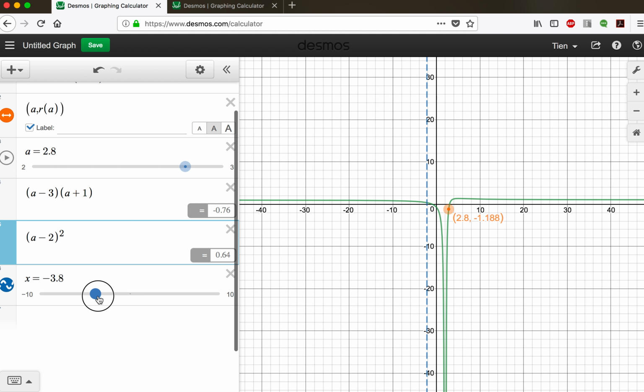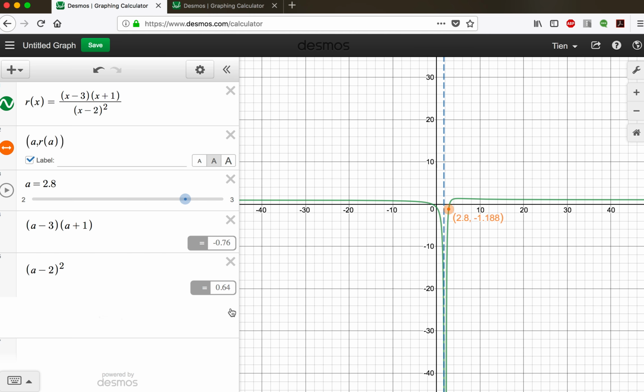The denominator is always going to be positive. We get the idea. So as we pull it down here, it's negative from that end, and it's negative from the other end too, right? Because the whole thing is still a negative divided by a positive no matter what.